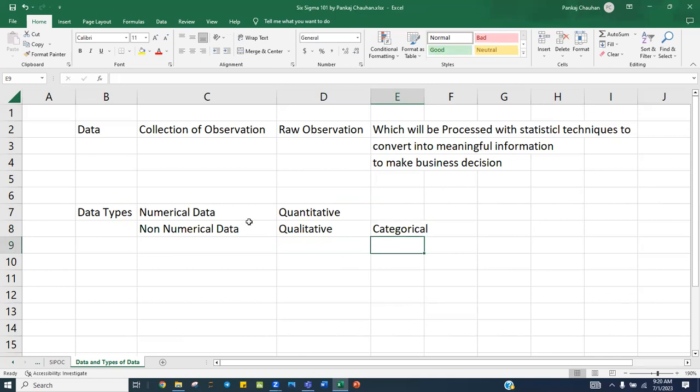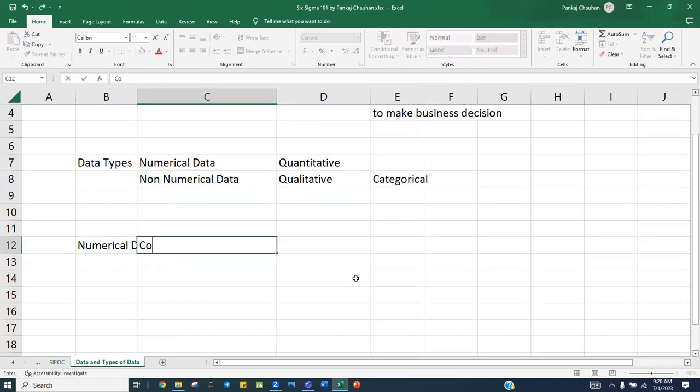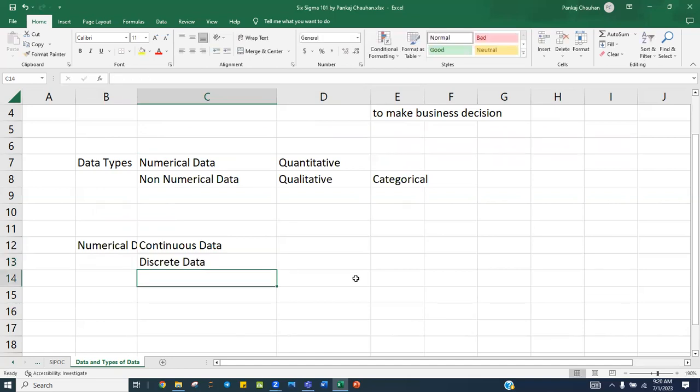There is a further classification of numerical data. This numerical data can be classified as continuous and discrete data. What is continuous data?